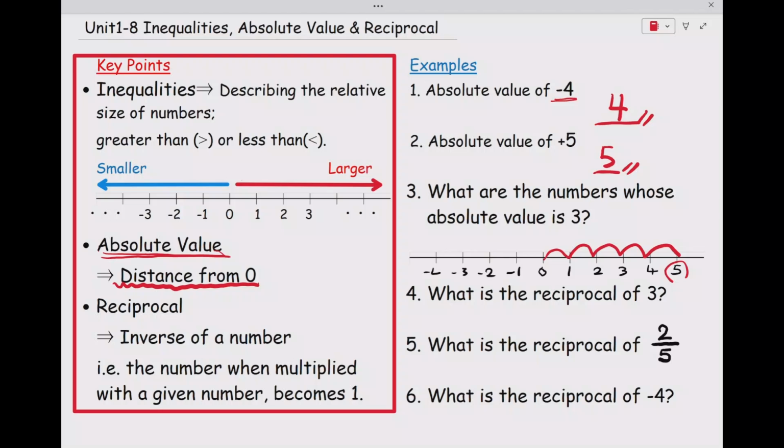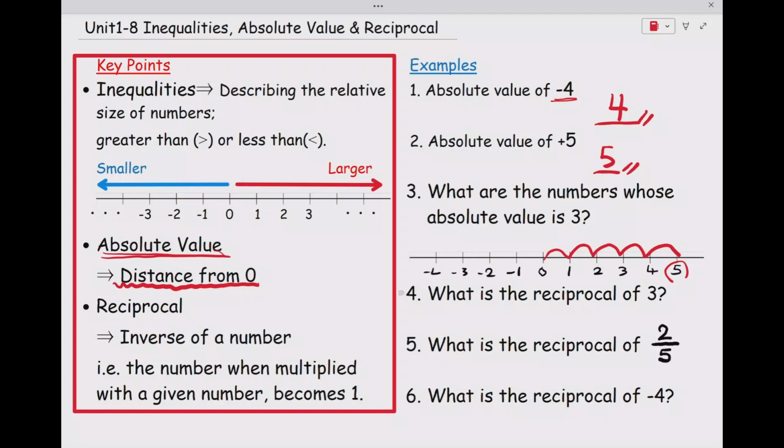One more thing. If you were asked, what are the numbers whose absolute value is 3? What would you say? Let's recall the definition of absolute value. Absolute value is the distance from 0 on a number line. That means that the answer would be the number whose distance from 0 is 3.